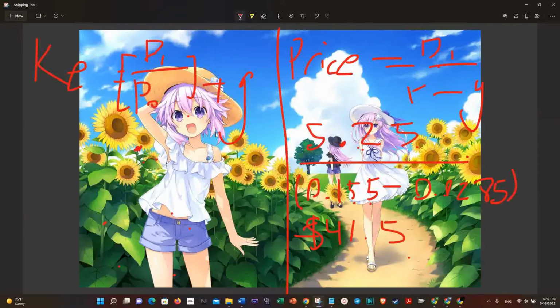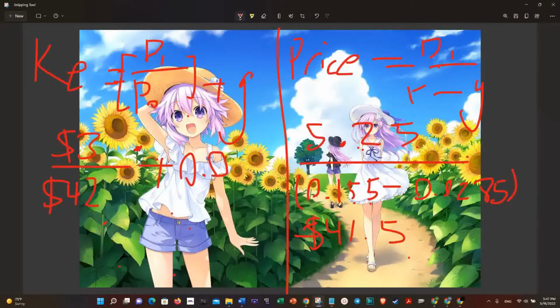Okay? To get this, KE is equal to that. So you'll know that your D1, its expected dividend, was $3. So it will be $3 over, and your stock price is $42. Then you add your growth rate, which in this case is 0.08.